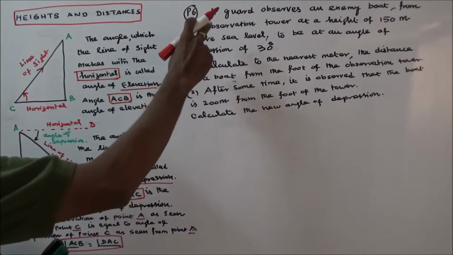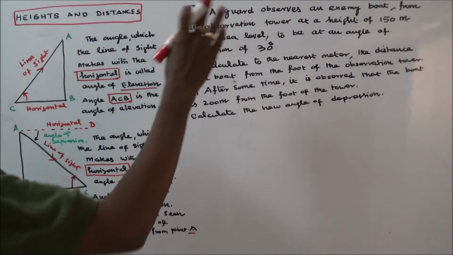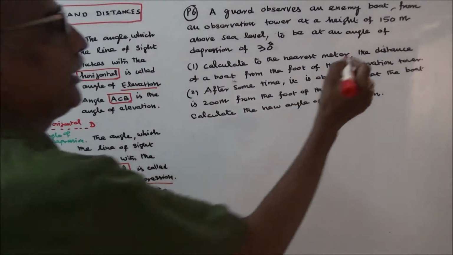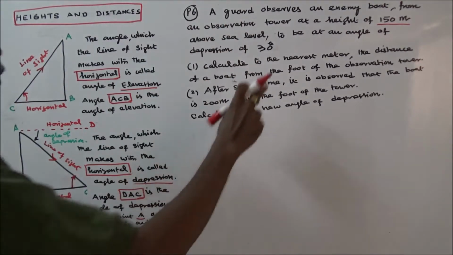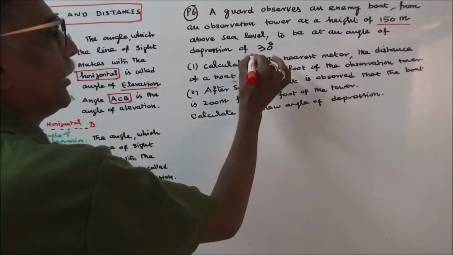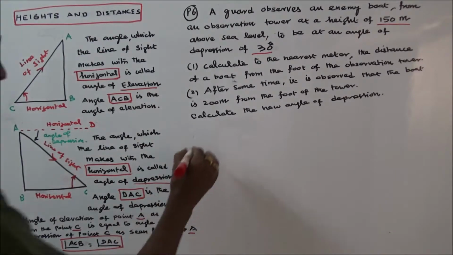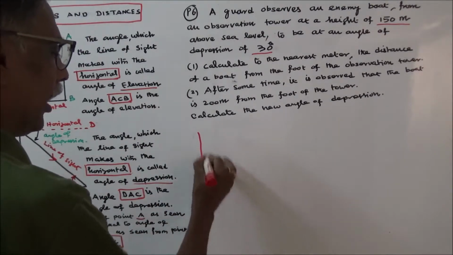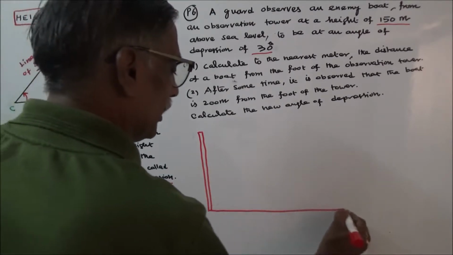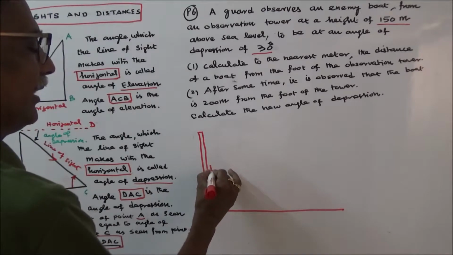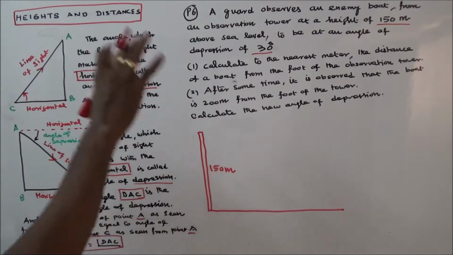Sixth problem: a guard observes an enemy boat from an observation tower at a height of 150 meters above sea level, to be at an angle of depression of 30 degrees. Here an army soldier is monitoring the enemy's boat. The height of the tower is 150 meters above sea level.